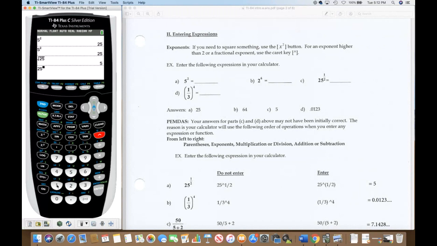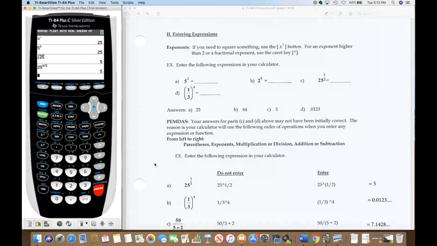It's already up there in the exponential position. 1 divided by 2, enter, and the square root of 25 is 5. The caret is just more flexible than an exponential key, and so I use it in a lot of places.